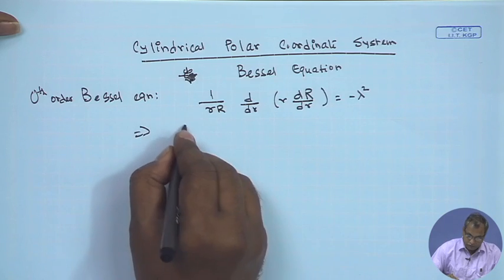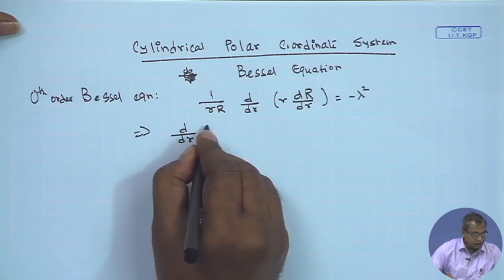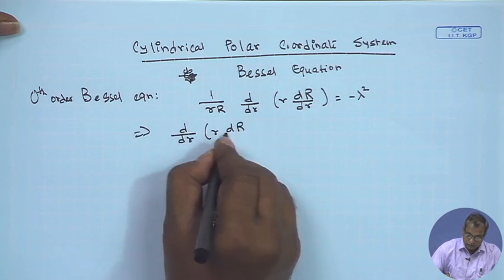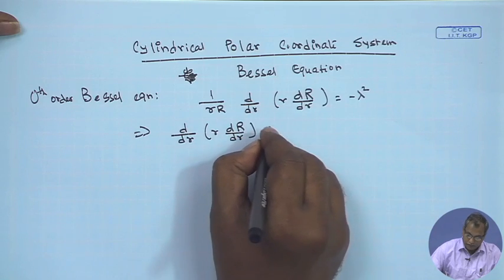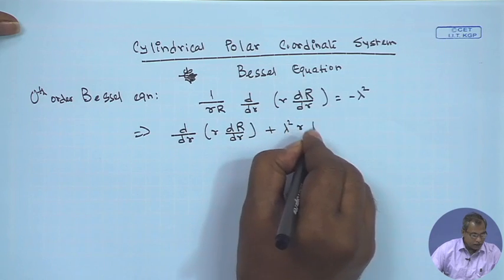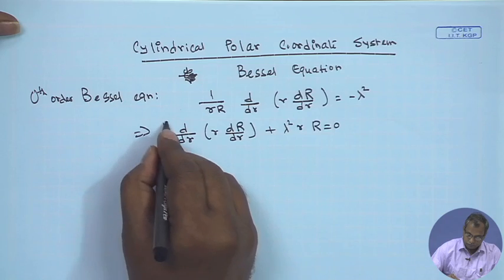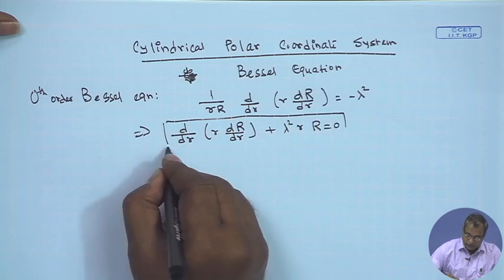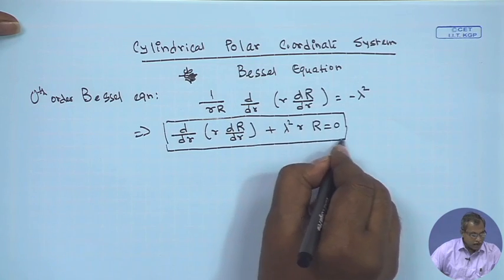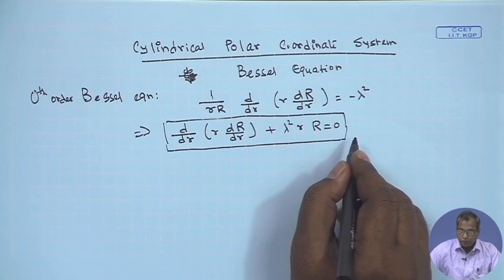So, this will be in a sense d dr of r dy dr plus lambda square r y is equal to 0. So, this is a typical Bessel equation, and first we will be proving this.